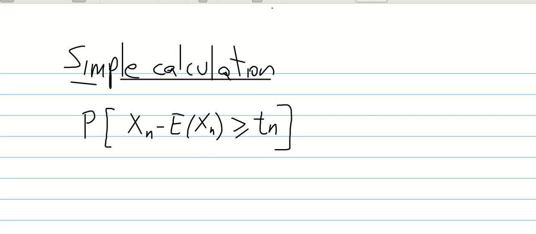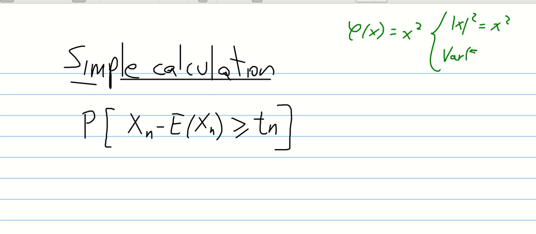So the first idea is phi of x equals x squared, and it has two very important advantages. First is that the absolute value of x squared is just x squared. So this is one big advantage of this approach. And the second is that the variance, which is of course related to the expectation of the square, the variance of a sum of independent random variables is the sum of the variances.